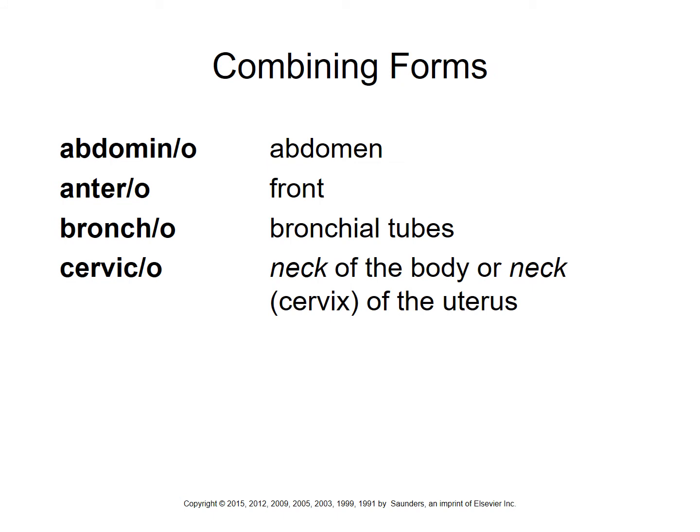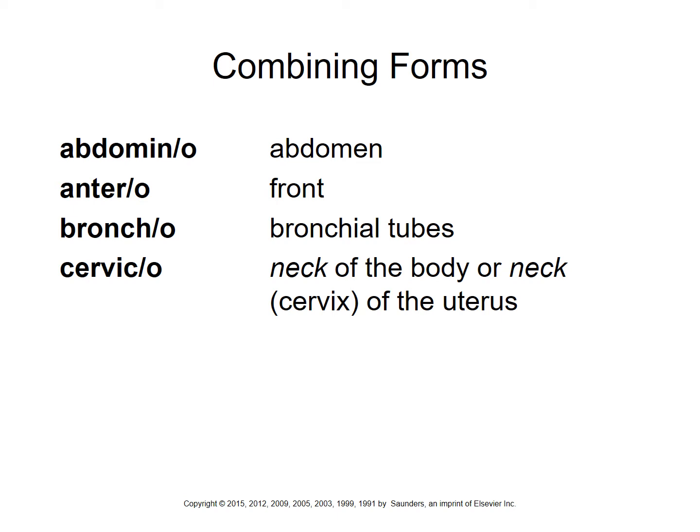Let's move into some of the combining forms for these different parts of the body organization. We've got abdomino, which is the abdomen, antero, which means the front, broncho, our bronchial tubes. Our bronchial tubes are going to come off of what's called the trachea, and allow air to get into our lungs.